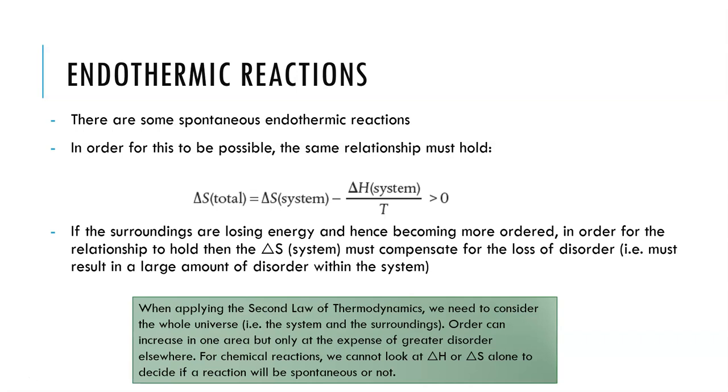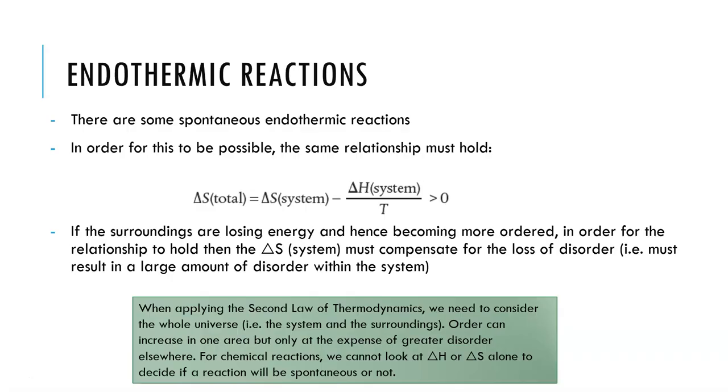So for chemical reactions, we cannot look at delta H or delta S alone to decide if a reaction will be spontaneous or not. Okay, so enthalpy and entropy alone will not determine the spontaneity of a reaction. And this is where we will move on to talk about Gibbs free energy and how we can use these together to predict the spontaneity of a reaction.